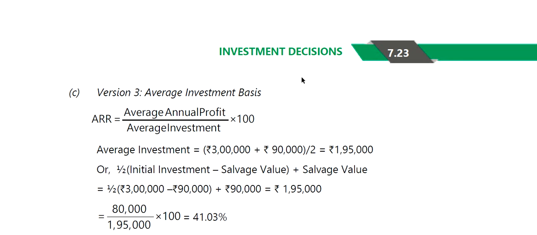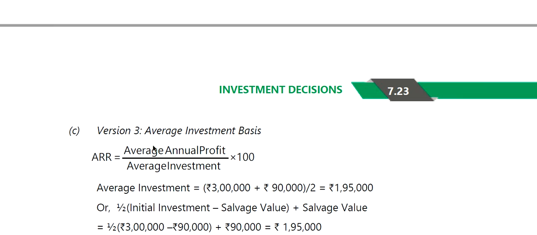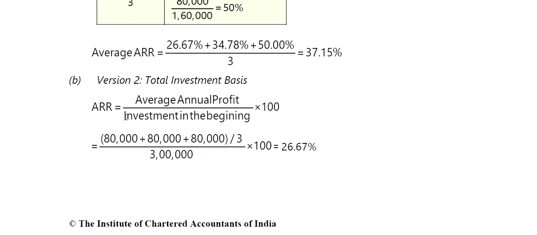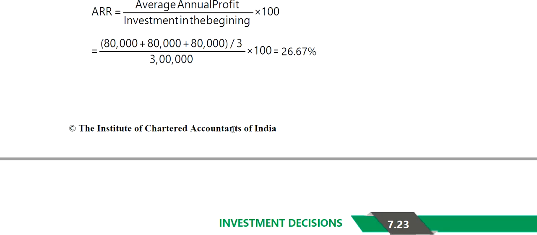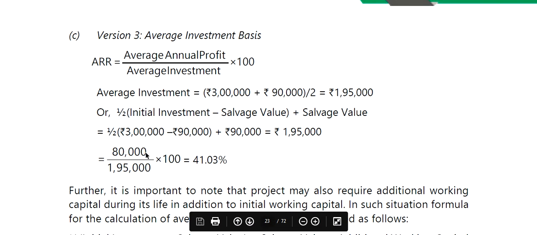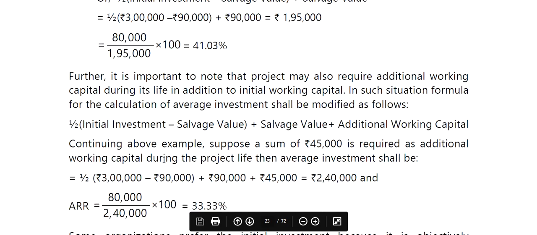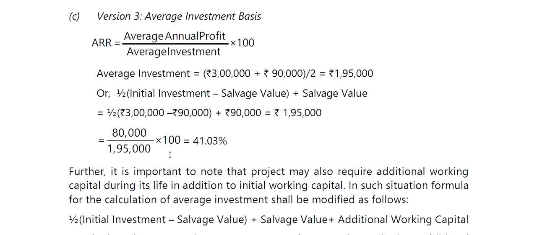Last one, the average investment basis. We take the average annual profit as we did previously: 80,000, 80,000, 80,000 divided by 3, which is 80,000. And we also average the investment.